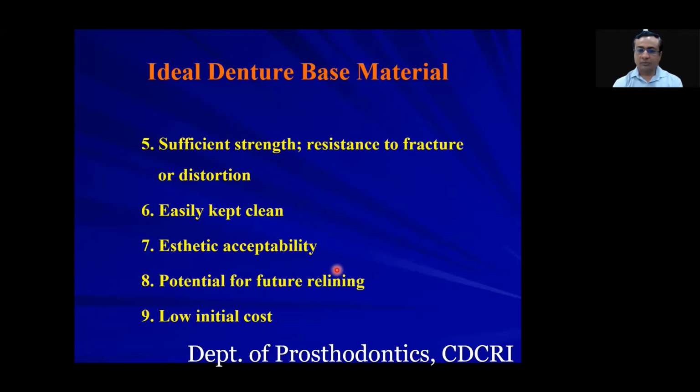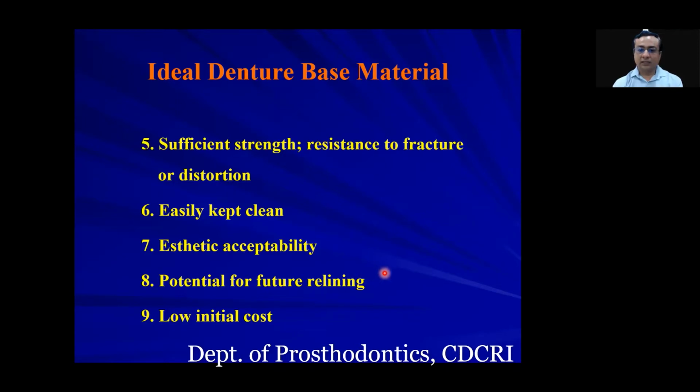Obviously, you can reduce the speed of the resorption, but you cannot eliminate it. Suppose in a patient the alveolar bone is resorbing at a greater speed, then what will happen? Your denture will remain in good condition, but its adaptation will be lost. And with the loss of adaptation, the functional force will not be properly transmitted. Retention, stability, and support will also be lost.